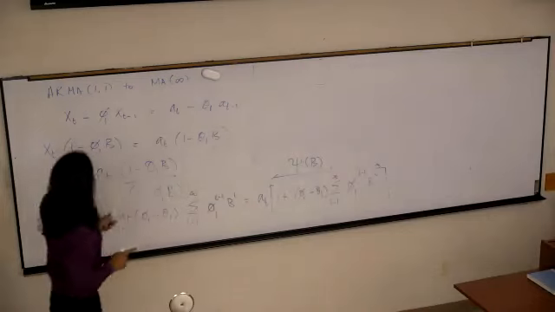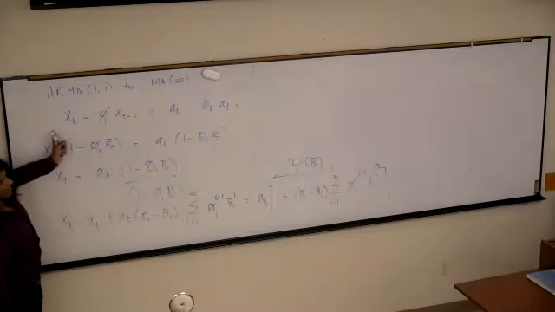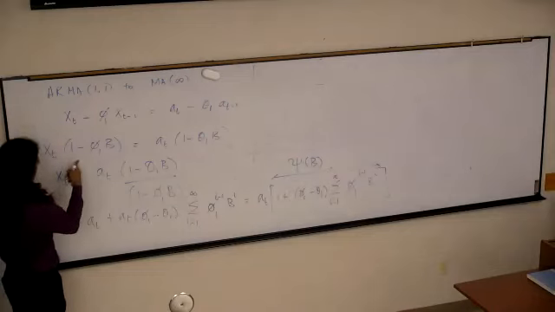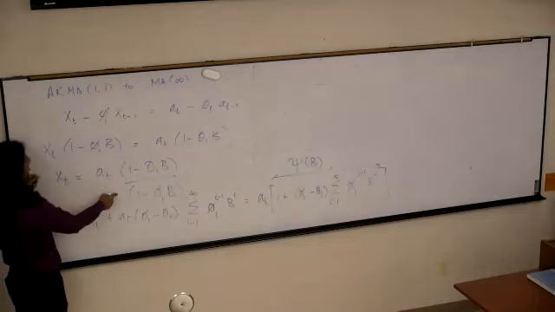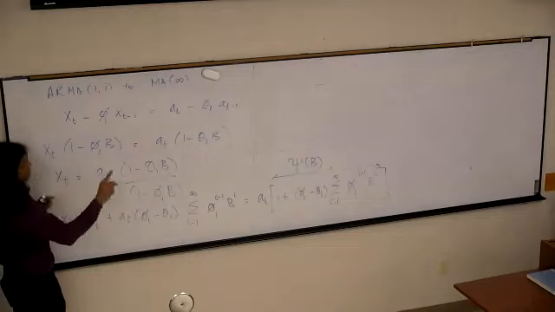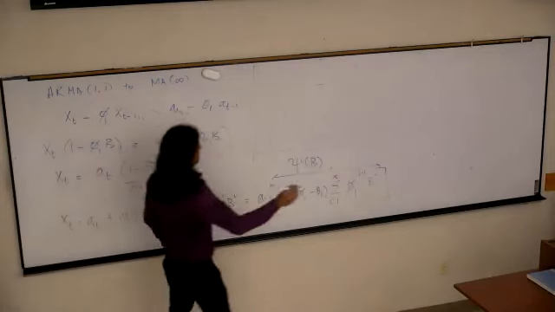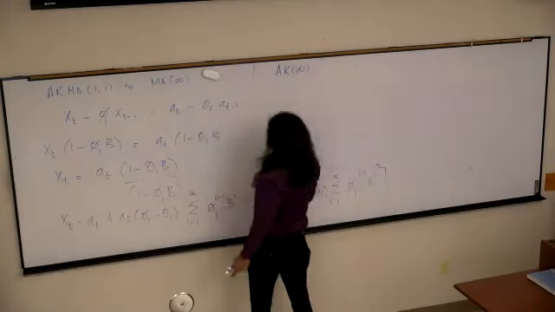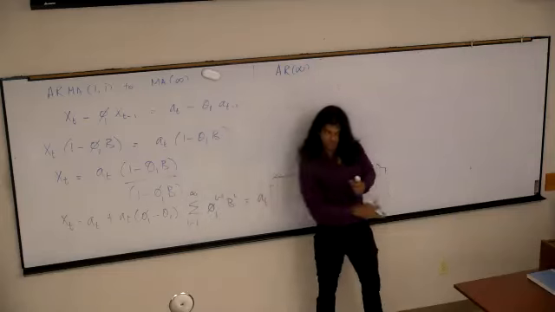That is the original ARMA(1,1) series. I divided the equation on both sides by this term, expanded, did all the work, got that. That's good. Now I want to convert it to an AR infinity. So, same process, what should I do?